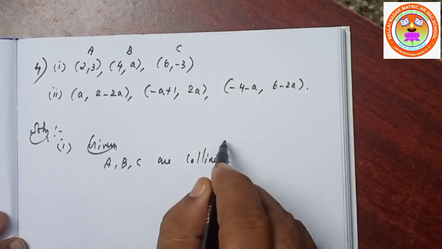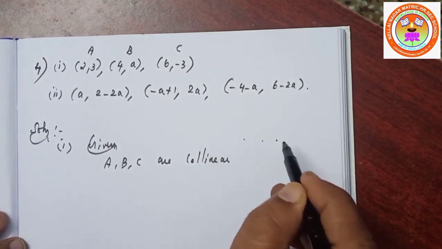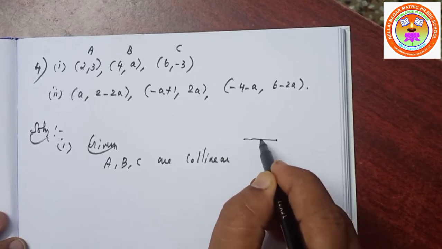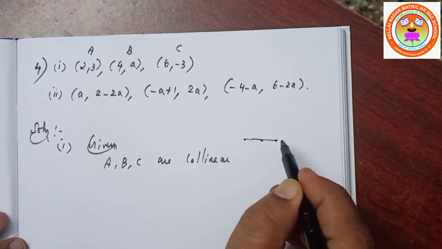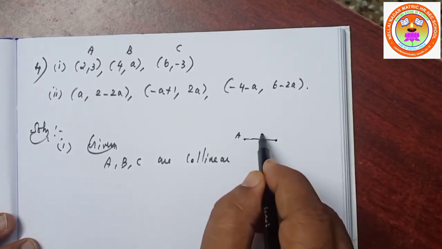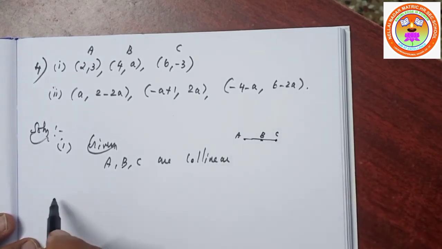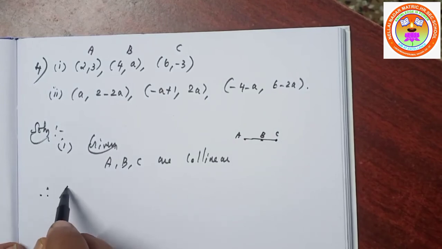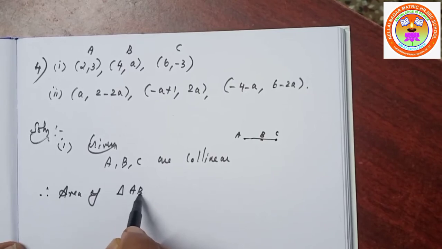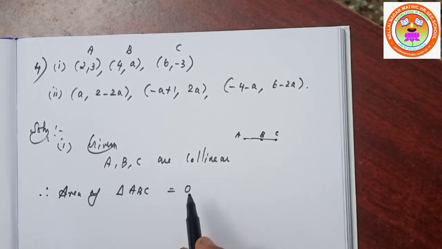No formation of triangle. All the 3 points lie on the same straight line, no formation of triangle. So obviously area of a triangle will be 0. A, B, C. Therefore, area of triangle ABC becomes 0.